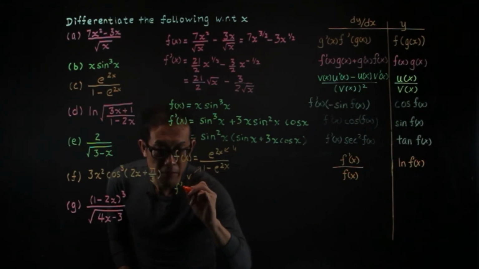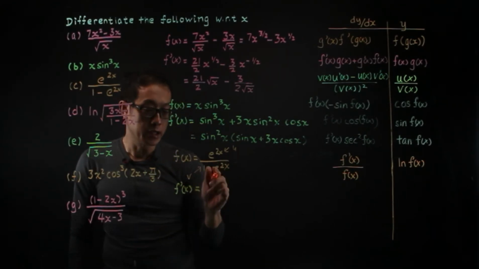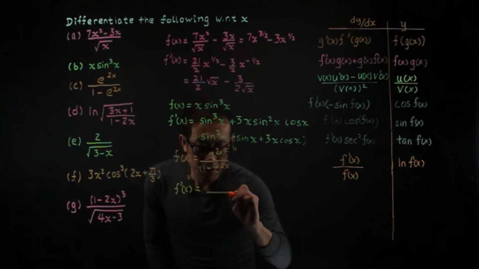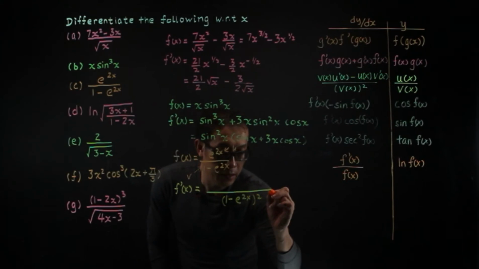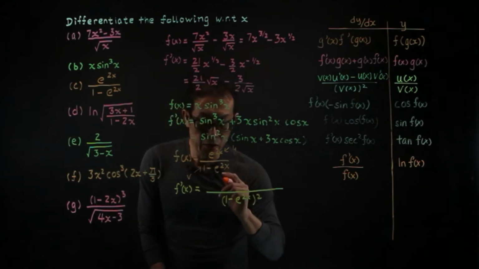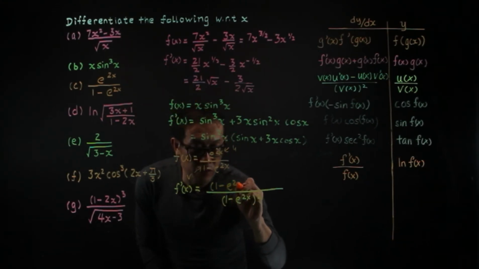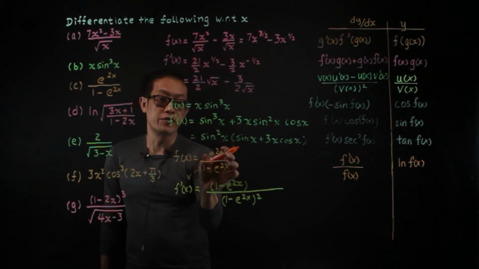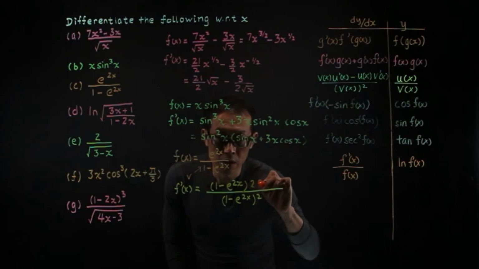f prime of x is equals to, now you square the denominator, there's v squared, 1 minus e to the power of 2x squared. Then you copy the numerator because it's v, 1 minus e to the power of 2x. Then you differentiate the numerator, so you got 2 e to the power of 2x.